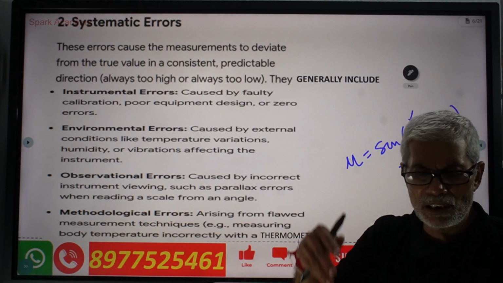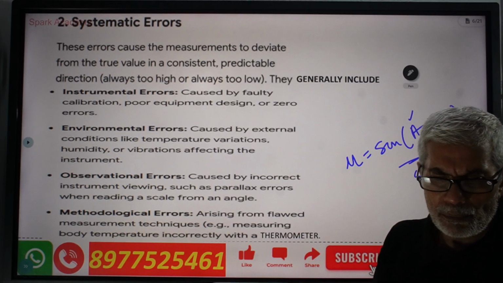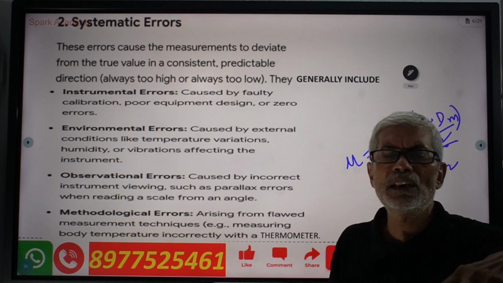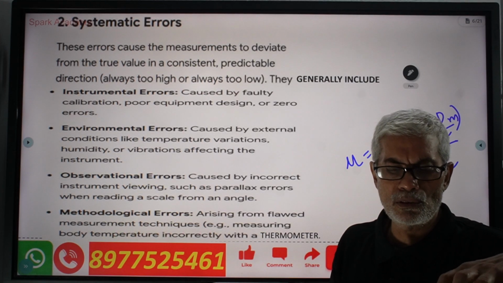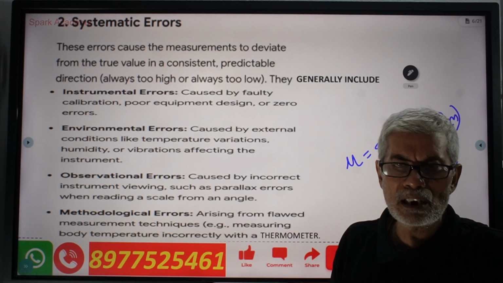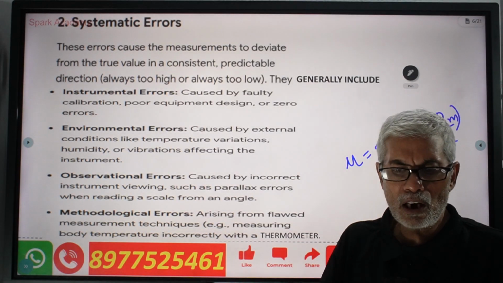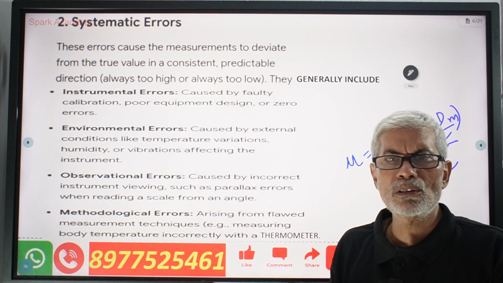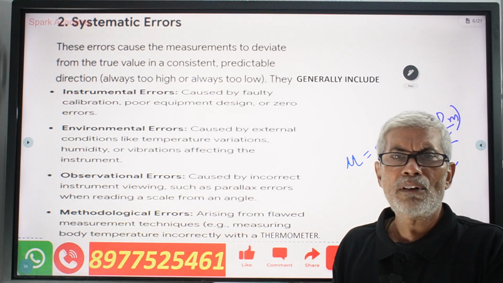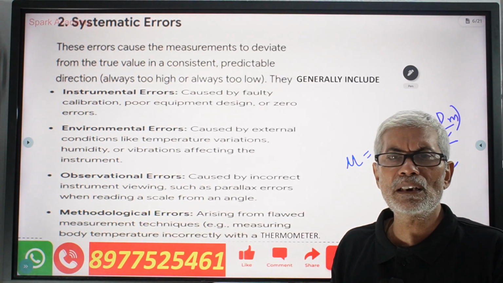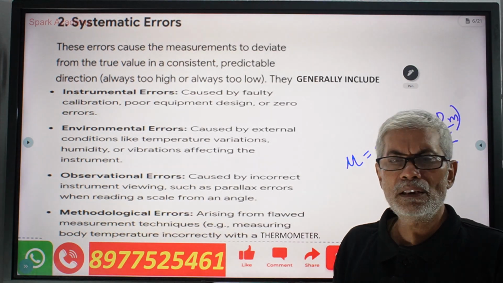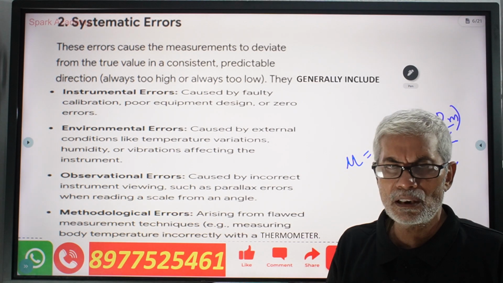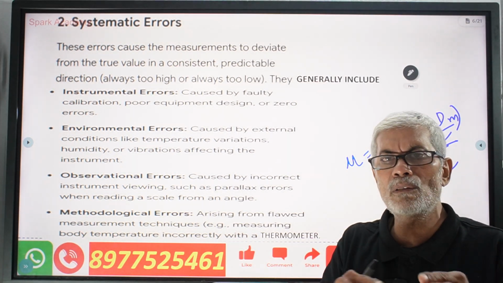Particularly when you are measuring direction using a tangent galvanometer or a compass, or any meter, there should not be any vibrations, as that will also cause wrong measurements.